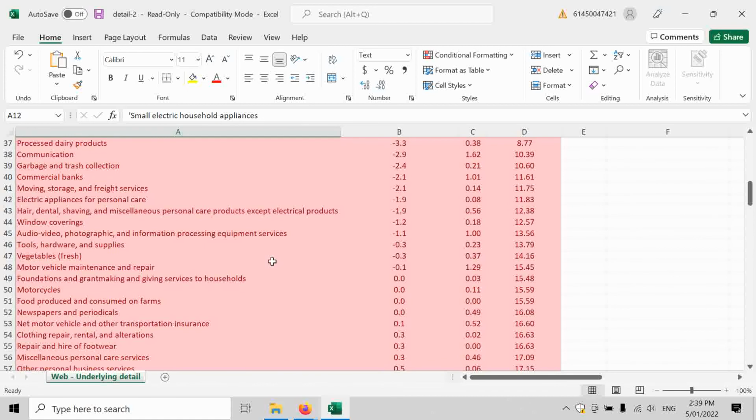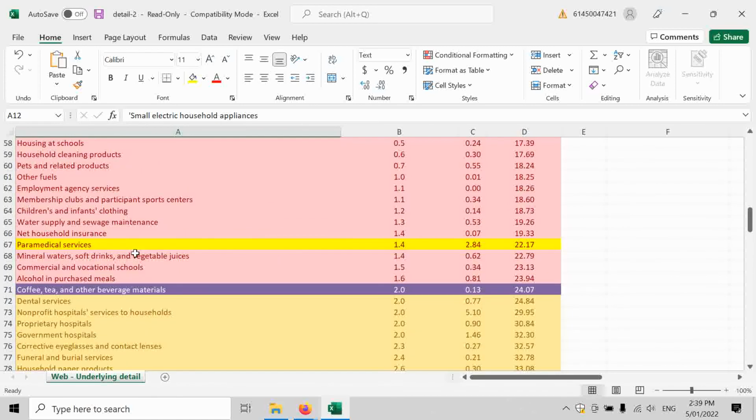As we just saw, medical is given more weightage over rents in trimmed PCE, which is reflected here. So the weightage for this paramedical services is high, but the inflation was very low, and yet they have excluded it.